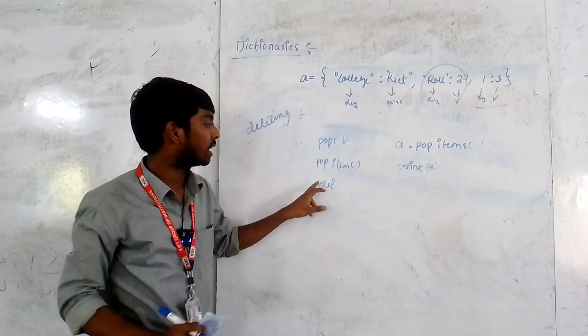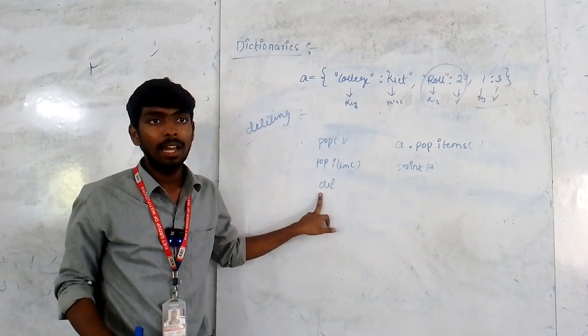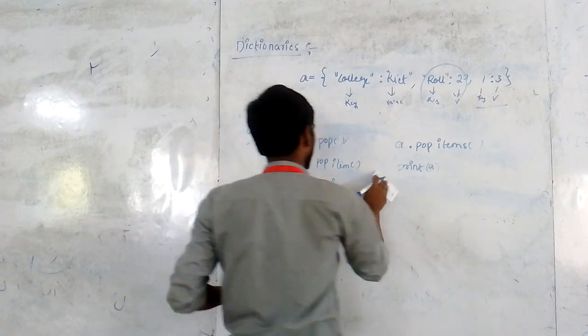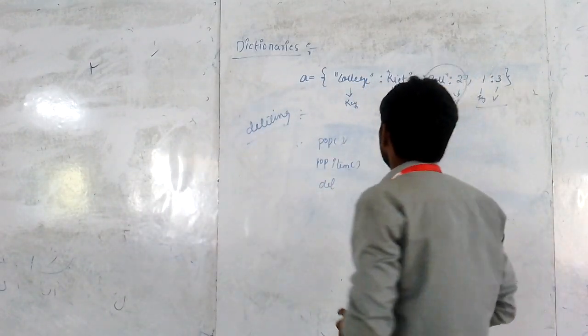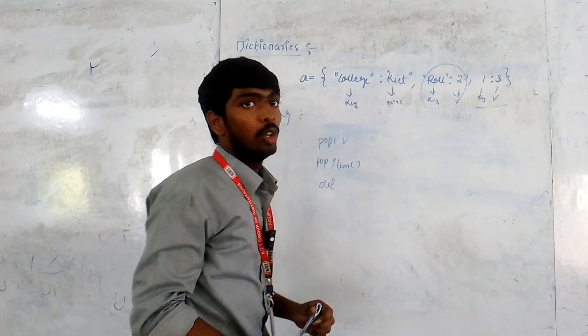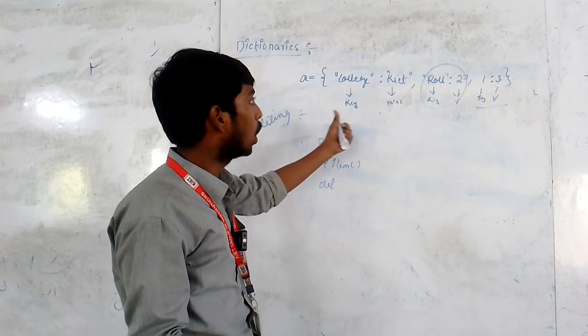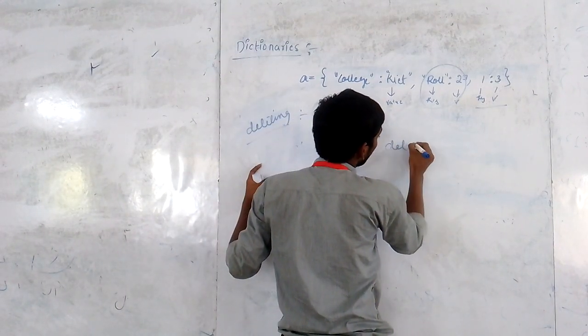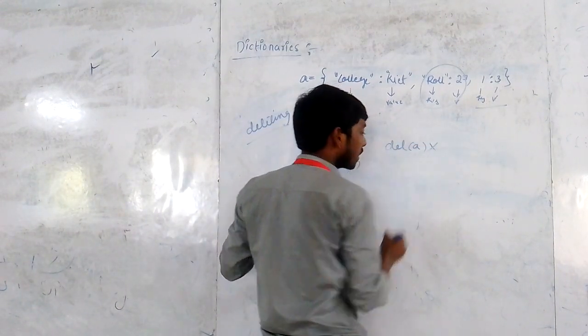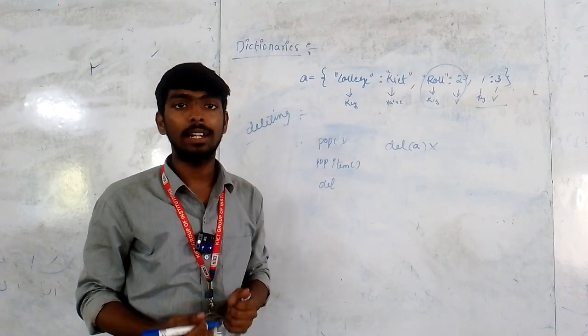Next we can see how we can use the del option in dictionaries. Remember one point: you cannot directly delete the whole dictionary. For example, del of a is completely false. You cannot delete a dictionary directly.